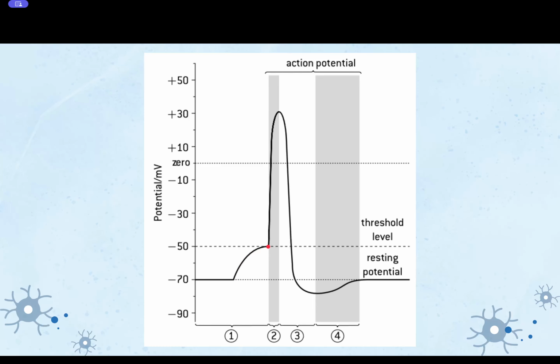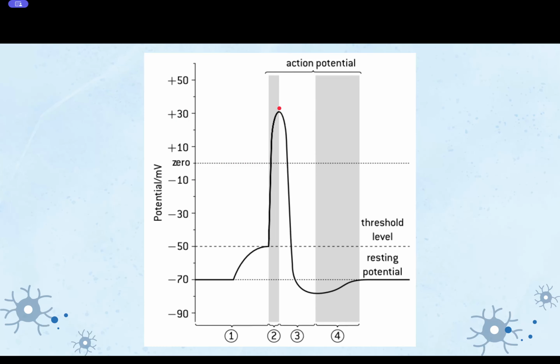Because the sodium channels open at this point, more sodium ions come into the neuron, which means the inside of the neuron will turn into a net positive charge, and that will cause it to go up. Here it's at positive 30, it goes up really high, and this entire process is called depolarization.